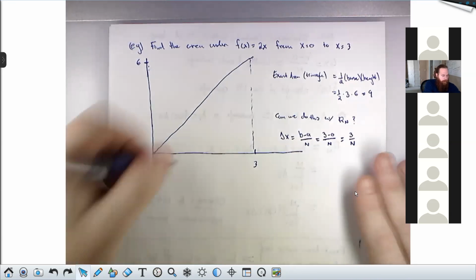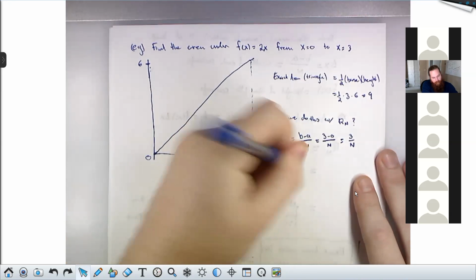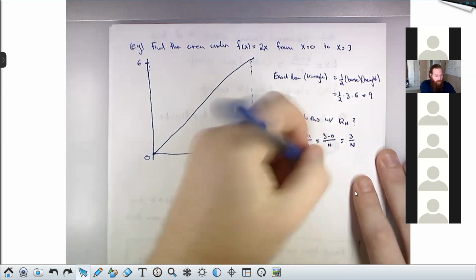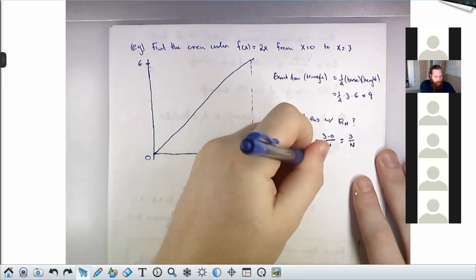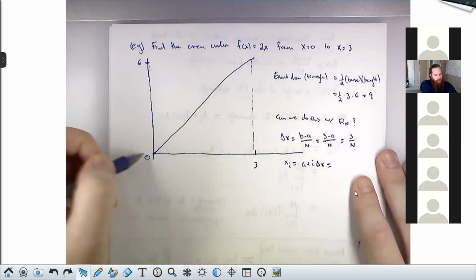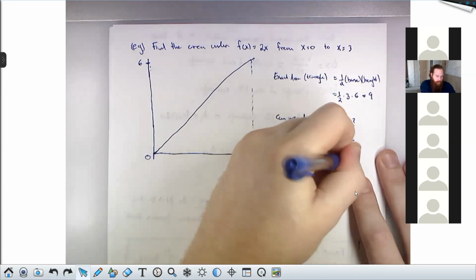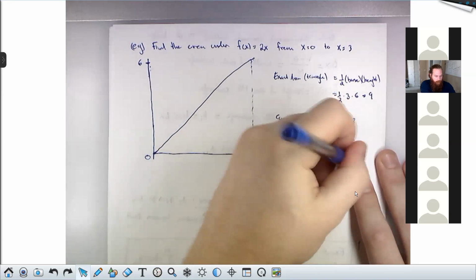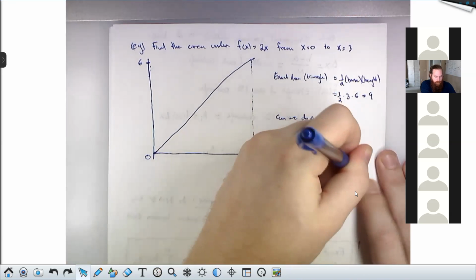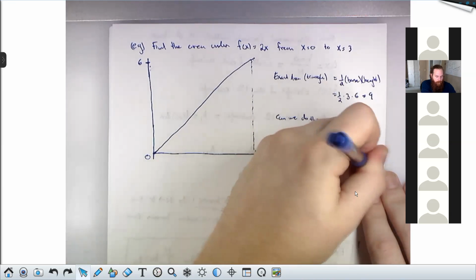And then I need to think about my xi's. That's a plus i delta x. a is 0, i is i, and delta x is 3 over n. So this is 3i over n.